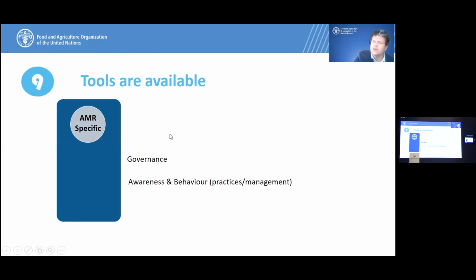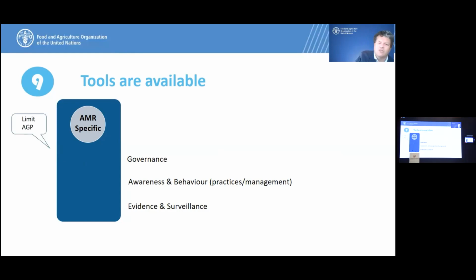And these could be tools in governance. They could be tools in awareness raising or behavior change or management, if you want to call it that, management change or change of practices, whether it be in a hospital or on a farm. And finally, evidence and surveillance. We do, in some countries, have fairly strong evidence and surveillance systems in place, and there's research and development specifically on certain antimicrobial resistant pathogens.